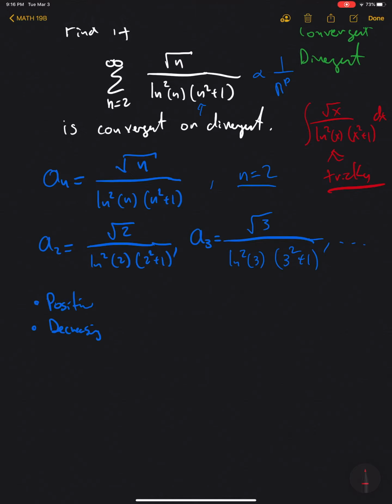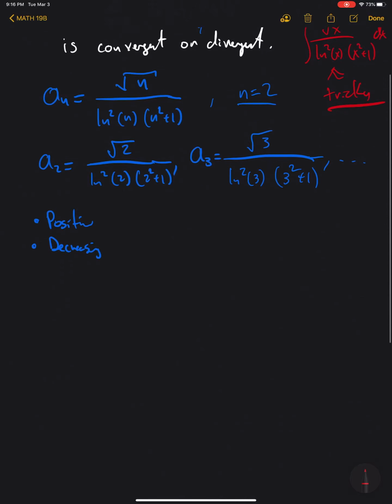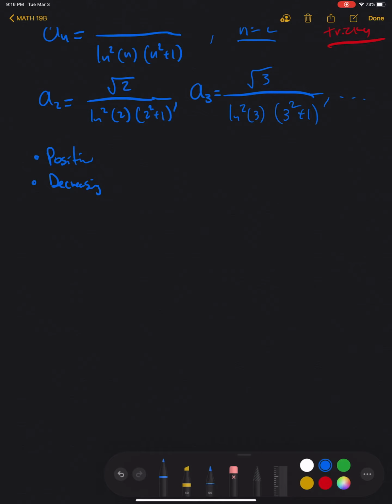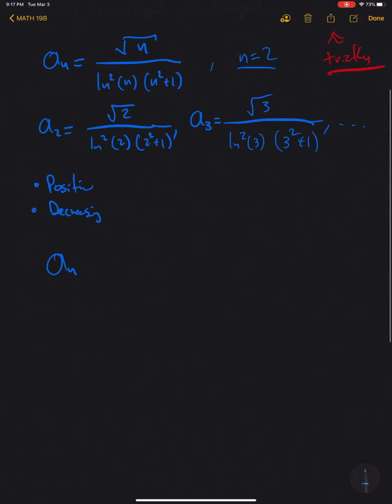I think comparing this with a power series would make more sense. So I want to compare a sub n with something a little bit nicer. Notice that a sub n, the square root of n over natural log squared of n times n squared plus 1, is going to be smaller than if I just remove the natural log.